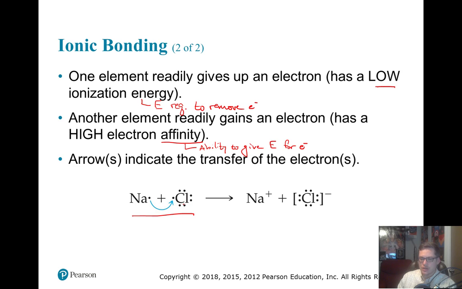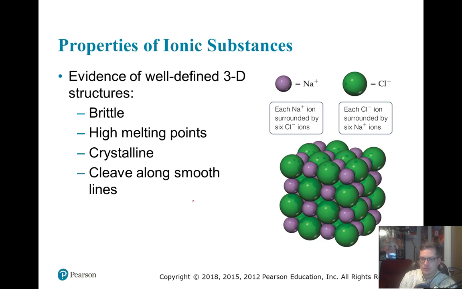He's got a lot of extra energy. Sodium really would like to trade his electron for energy, and so the chlorine will trade energy for the sodium's electron. Notice that we're starting to zero in on this idea of keeping track of the energy required in order to make our compound. These arrows are indicating the transfer of that electron.